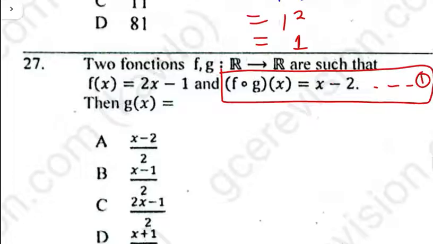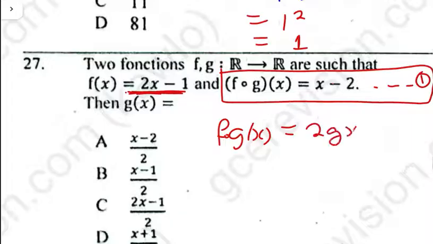So now f of g of x from this one will be equal to 2g of x minus 1. This is equation 2. Now since these two are the same, this f of g of x and this f of g of x, it means that these sides are also the same, right?